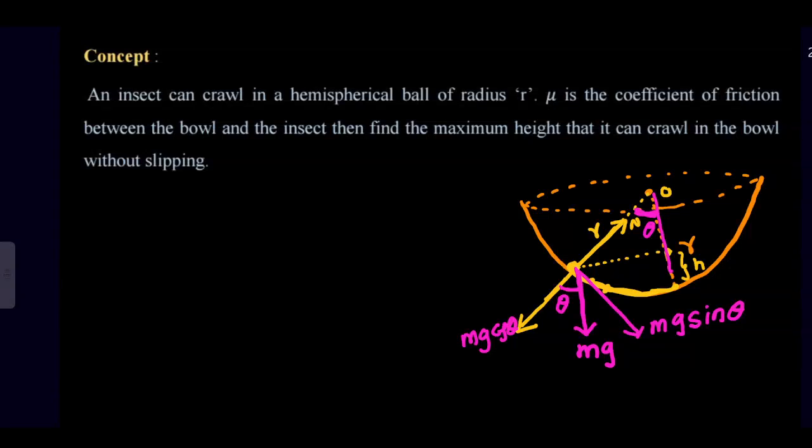Since it is falling down, the frictional force is in the opposite direction, isn't it? So the friction is like this. Because of mg sin theta the body moves down, but friction opposes the motion of the body. Right.